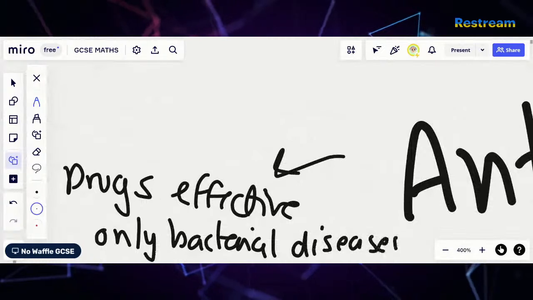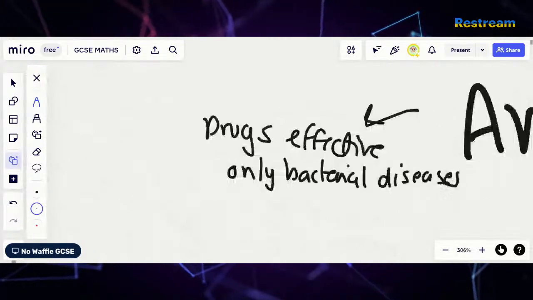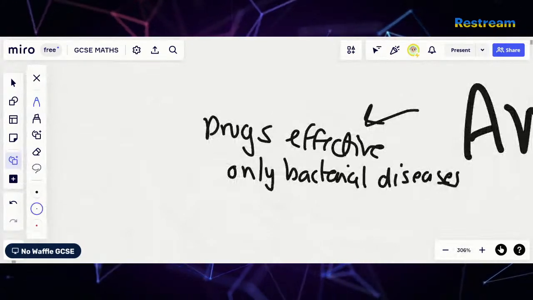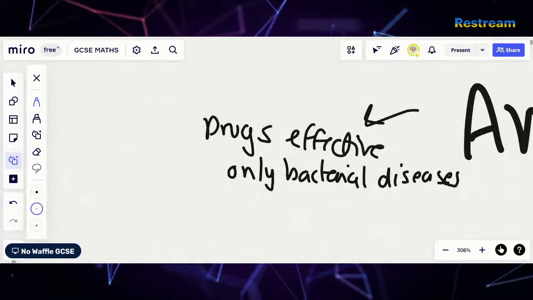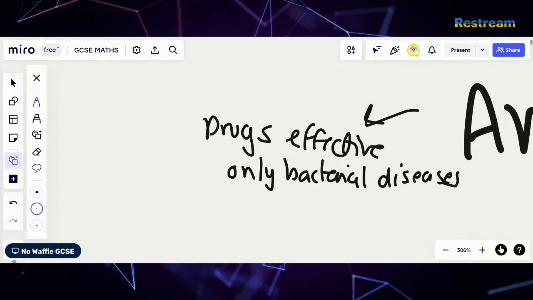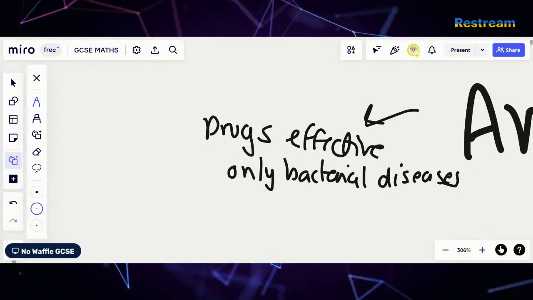The reason they don't work on viruses is because viruses have a host cell which uses your healthy cells, whereas the bacteria undergo binary fission outside of your healthy cells. So the antibiotics can simply go and kill the bacterial pathogens without damaging body cells.